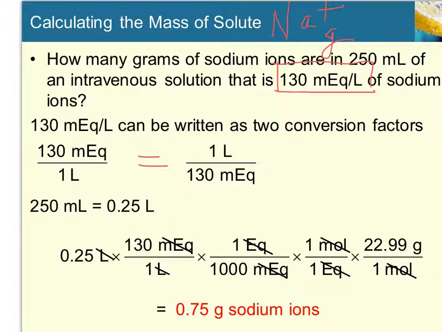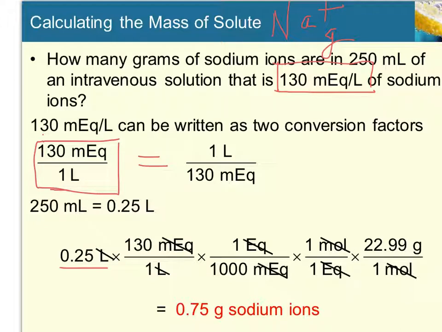I also know that 250 milliliters is equal to 0.25 liters. So I didn't even worry about doing the 1,000 milliliters equals 1 liter. I just used my reference table and I moved 3 places to the left. So I'm starting with my 0.25 liters. I know I'm going to use this conversion factor right here because that's the one that will let me cancel my liters.